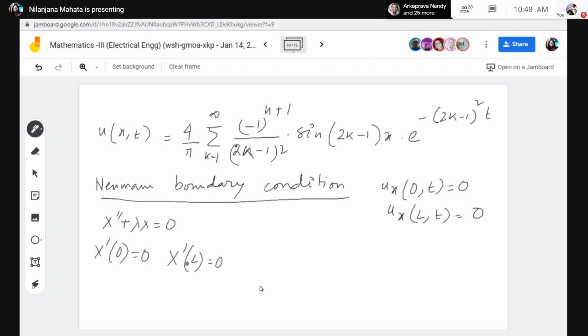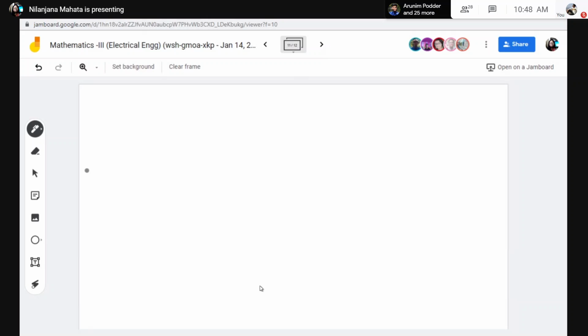So we have found the solutions for lambda 0, lambda greater than 0, and lambda less than 0. For lambda 0, X was alpha x plus beta.